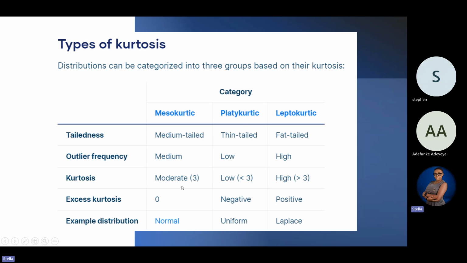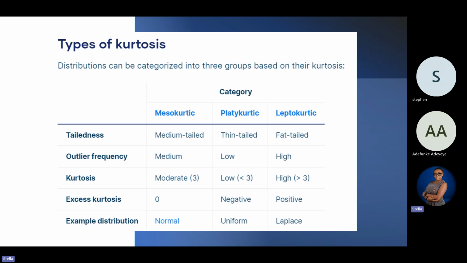So a kurtosis score of 3 is moderate, or mesokurtic. A kurtosis score lower than 3 is platykurtic. If you have something like 0.5 or 2.1, anything less than 3 is platykurtic.